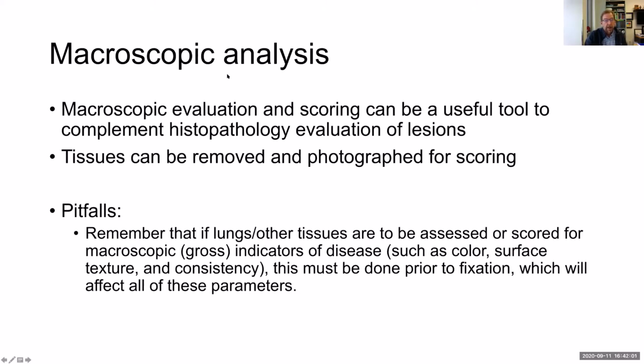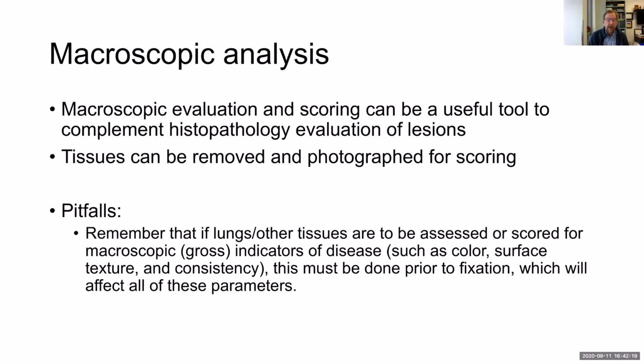At the gross pathology level, there may be reasons to look at lung tissue to complement other tissues. I'm kind of lung centric, but this should be generalizable to any tissues.